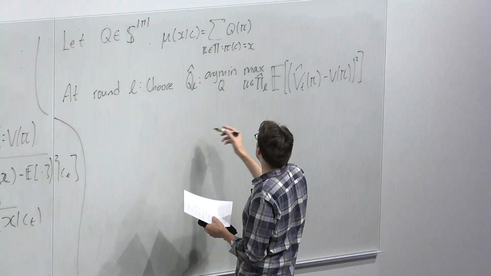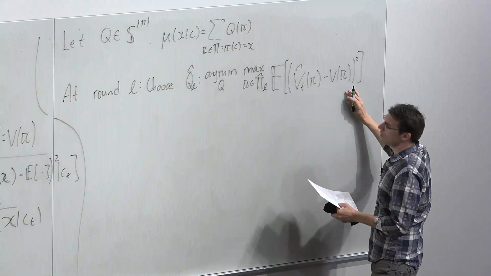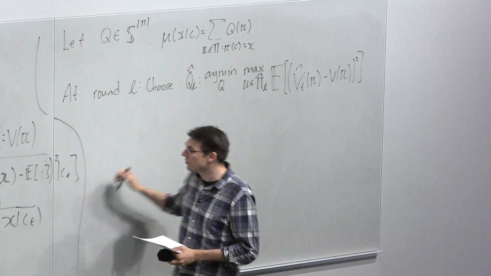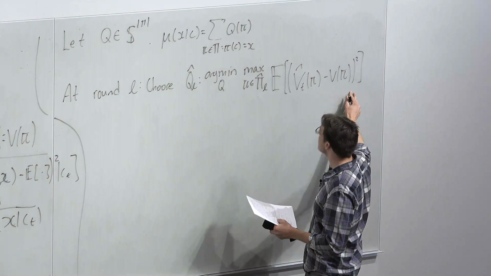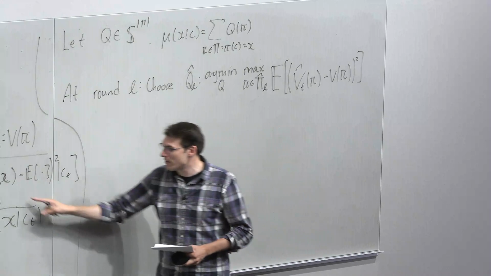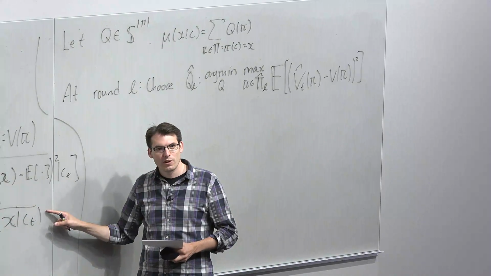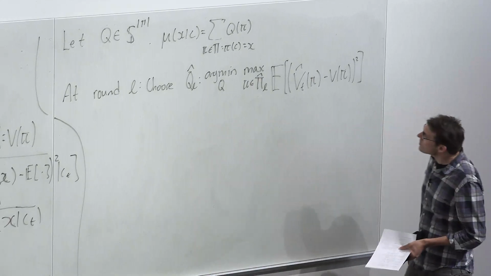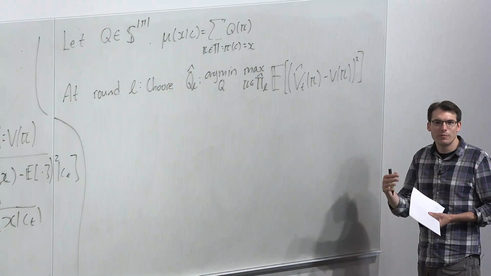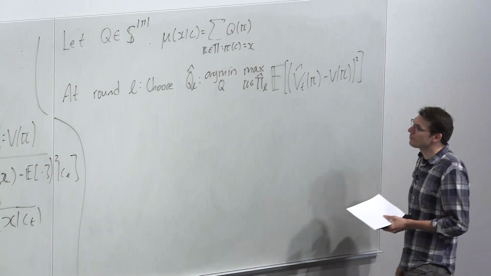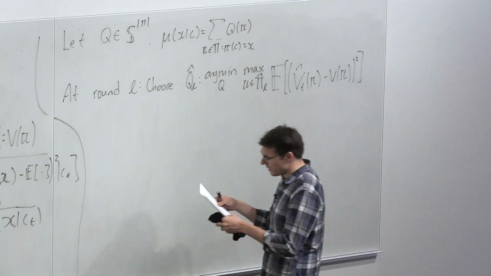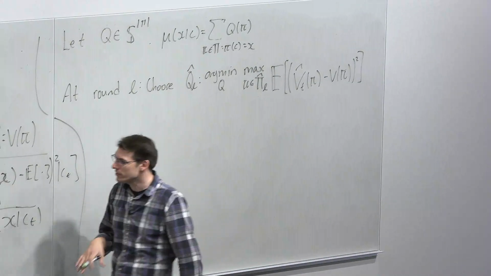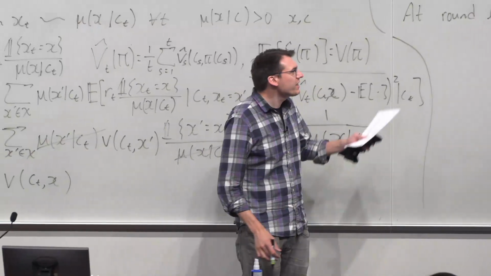Even though we don't know what the true value function is, we don't have a closed form on this variance, we do know it's upper bounded by this inverse propensity score, and that's exactly how we're going to choose our next Q. For technical reasons, we're also going to inject a little bit of uniform noise into it, meaning that with probability gamma, we're going to take some random action, just for technical reasons. But basically, this is what we're going to do.